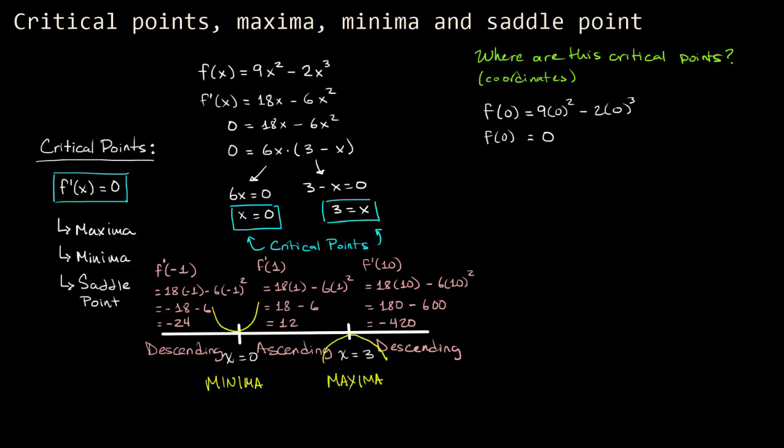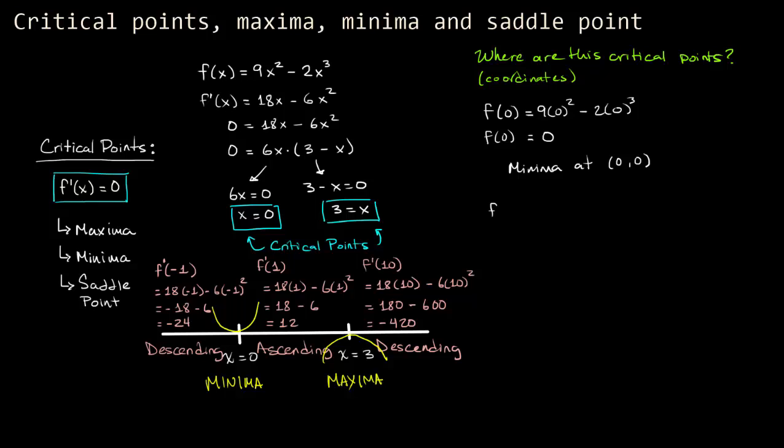In other words, we have a minima at the point 0, 0. We figured this out using the f of x. Just be sure to remember that we're using the f of x, not the derivative of it. To locate the coordinates, we use the actual f of x.